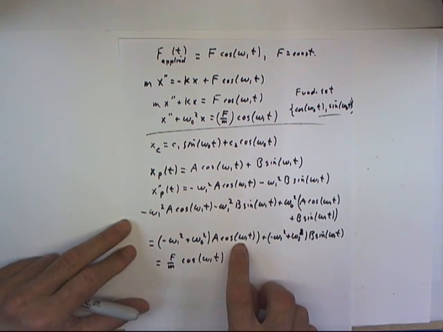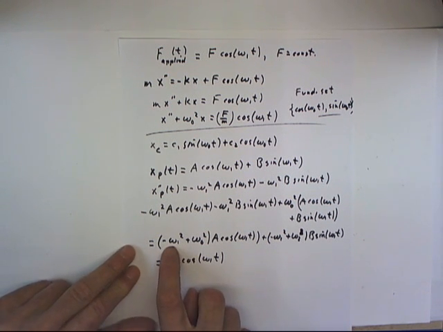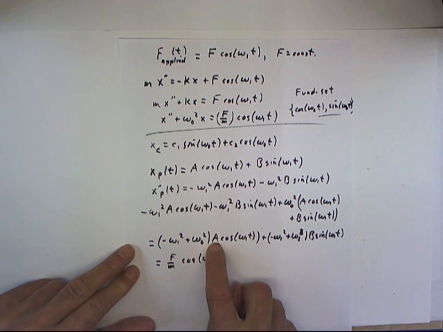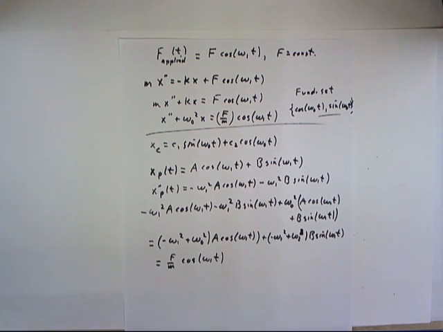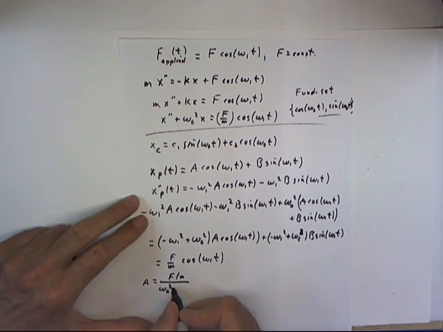Clearly then, the coefficient of the cosine is going to have to be F over m, which means that negative omega 1 squared plus omega naught squared times a is going to equal F over m, so that we get a equals, I'll write it this way, F over m divided by omega naught squared minus omega 1 squared.